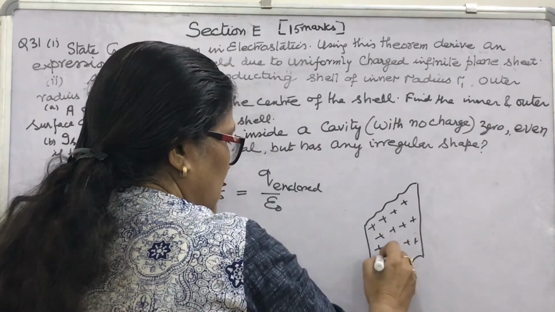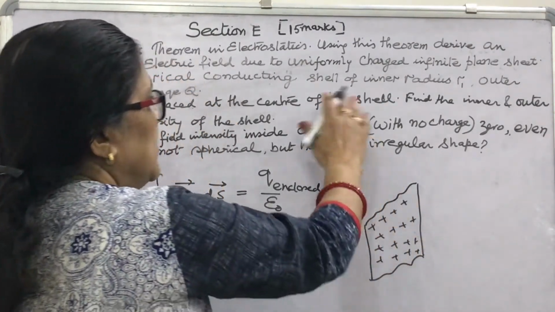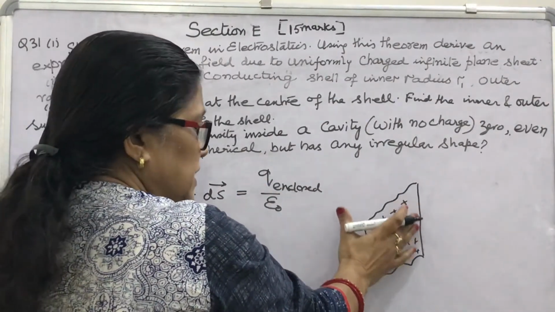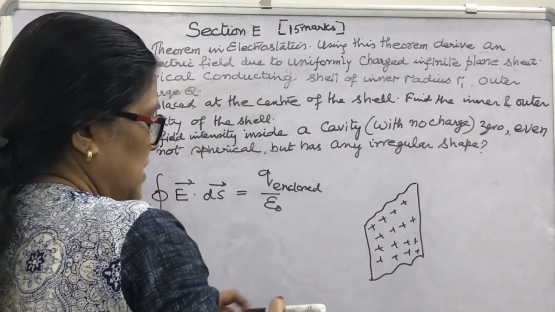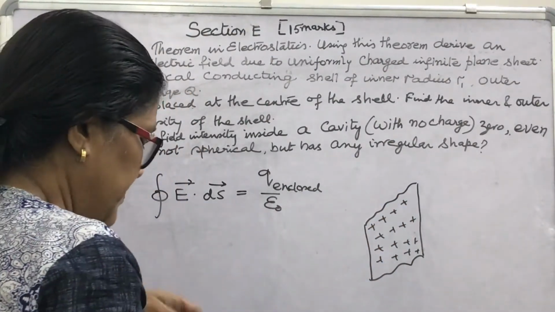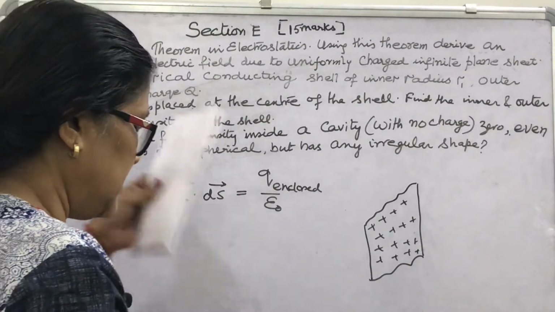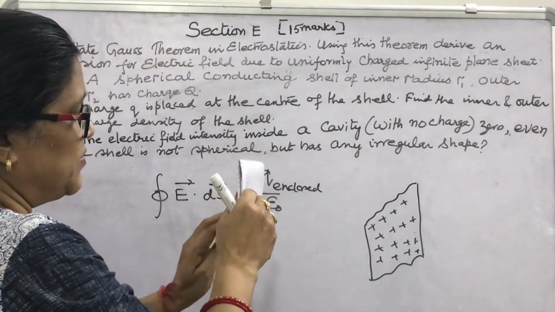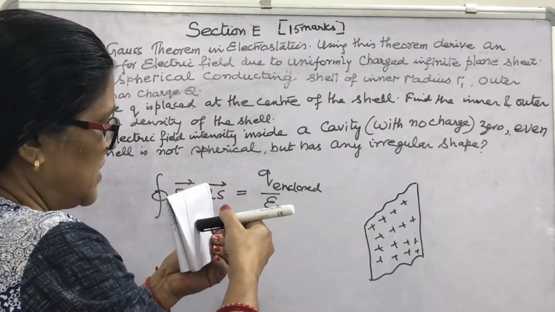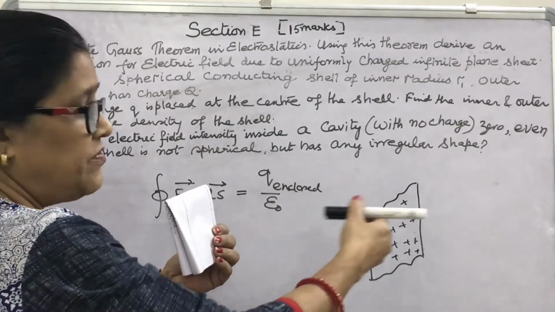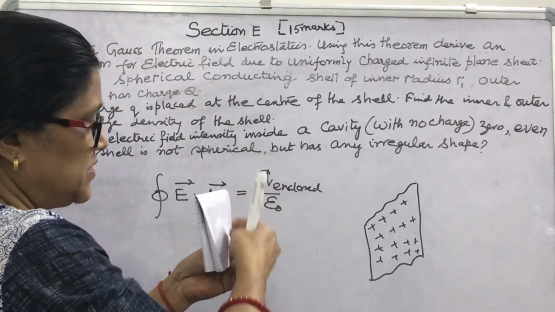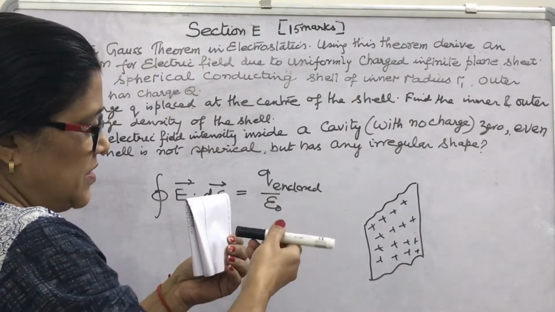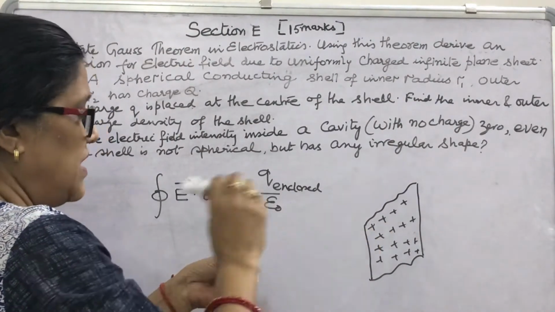Since the sheet is infinitely long, the electric field due to positive charge is away from the positive charge. So near the surface, at any point, the field will be away from the sheet, and here also.